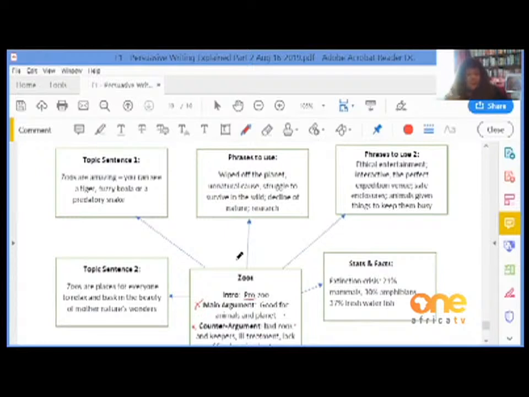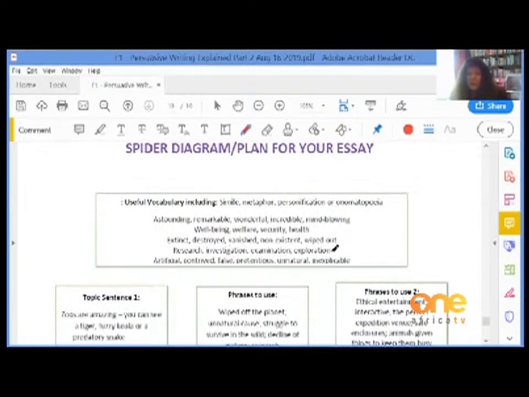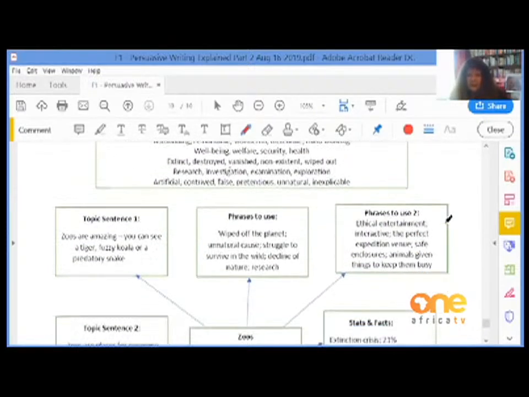You might need a box for the characters, how to describe the characters, what's their personality like. So it all depends on the type of essay, but we're looking at the persuasive or argumentative essay. So hopefully that's what your spider diagram or plan is going to look like.